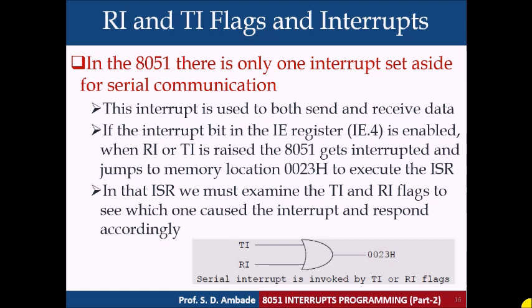As there is a single interrupt for receive and transmit, after the interrupt request we have to examine the status of TI flag and RI flag to see which one caused the interrupt and respond accordingly. As there is no separate interrupt for TI and RI, we have to examine the status of TI and RI flag after getting the interrupt request.